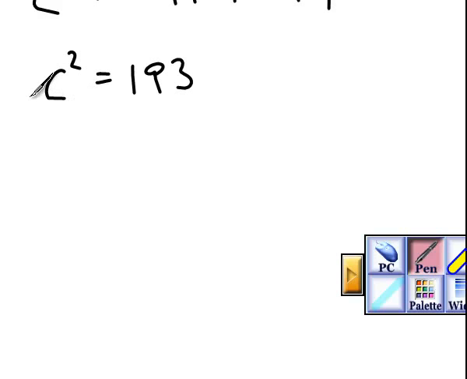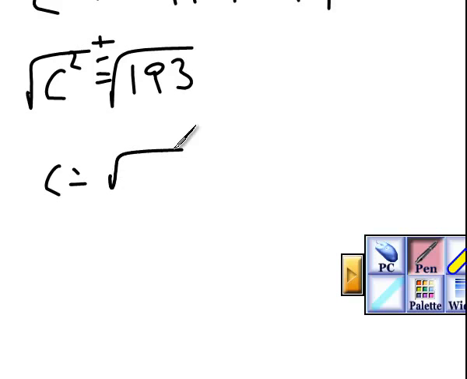Okay, so we apply the square root to that. And for triangles, it's always just a positive square root. So for 193, you want to see if anything can simplify into that, such as 3 or, well, 5 won't. And so it looks like we're just going to have the square root of 193.